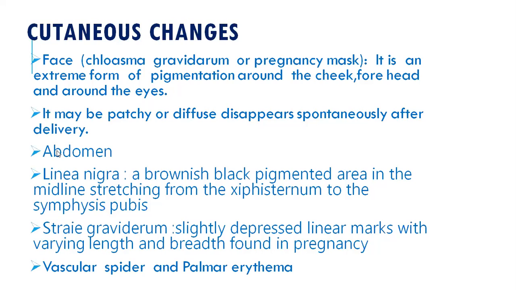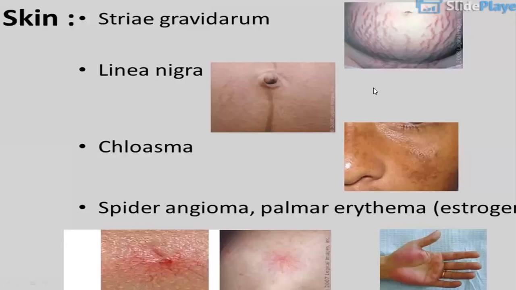You can also see vascular changes like palmar erythema and vascular spiders, that is spider angioma and palmar erythema, under the influence of hormones. Look at this. This is striae gravidarum.